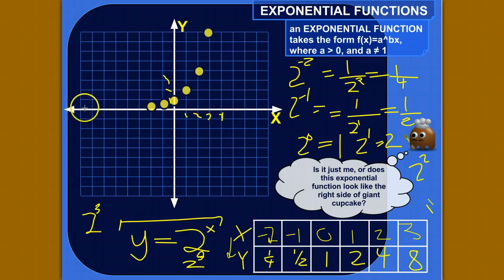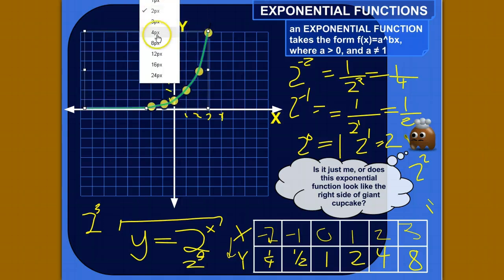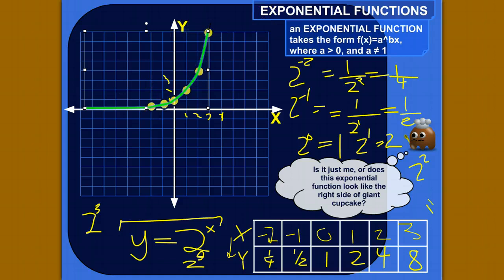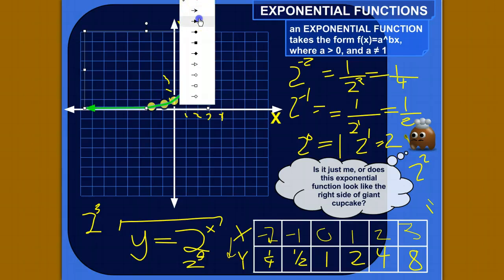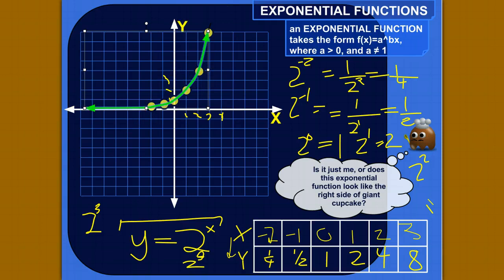So let's make it skim along, then pick up a little bit, then go through 0, 1, and then skyrocket. Oops, that's invisible, so let's make it visible. There we go. Something like that. And I'll just put arrows on both sides. It goes on forever in both directions. So yeah, there we go. There's a graph of y equals 2 to the x.